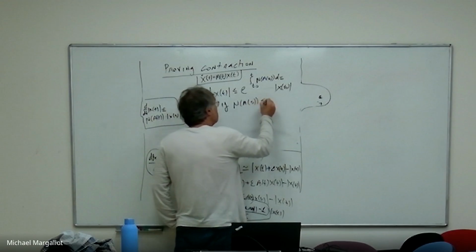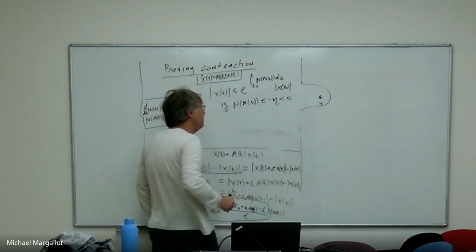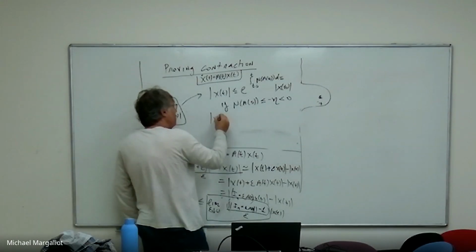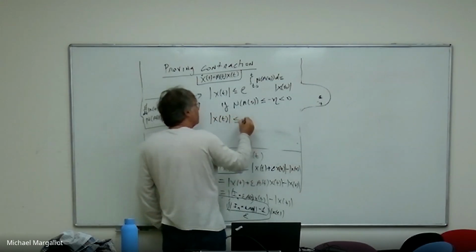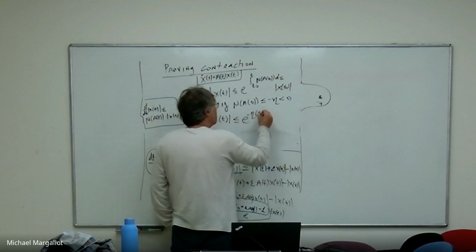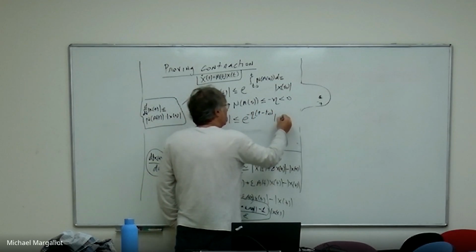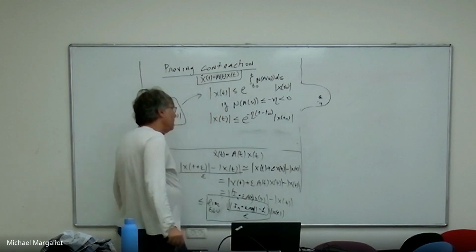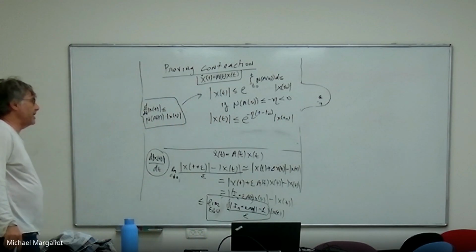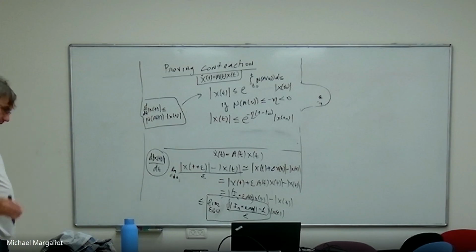Now, if mu(A(s)) is all the time negative, then we get a kind of contraction result.